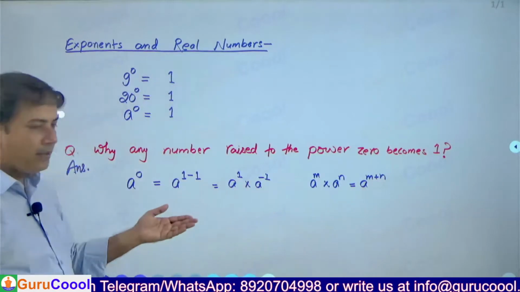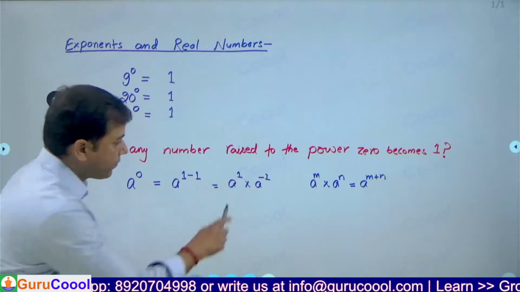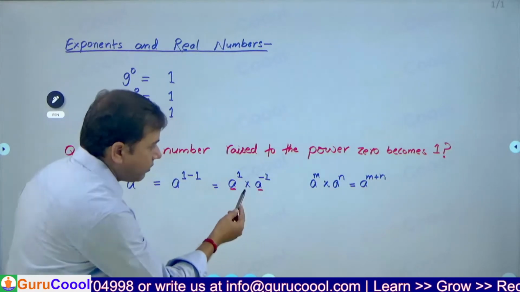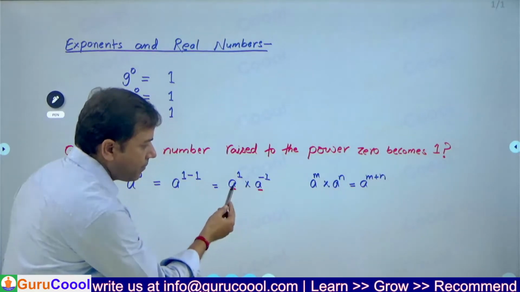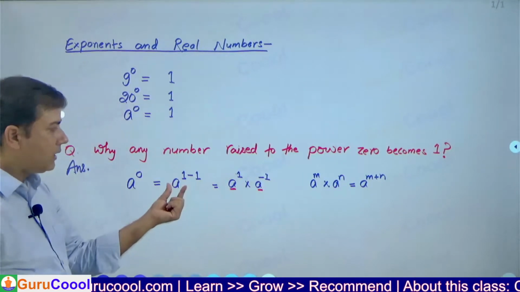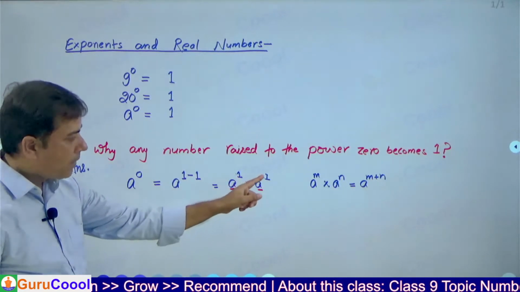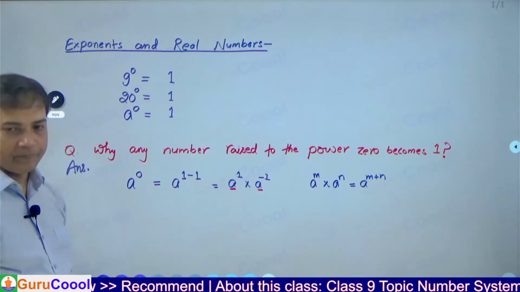The same thing I did. Isn't that correct? 1 plus minus 1, that is 1 minus 1.